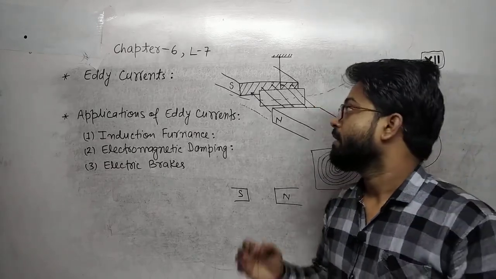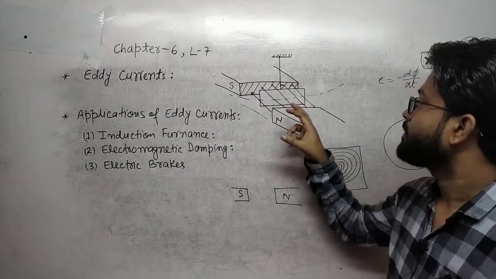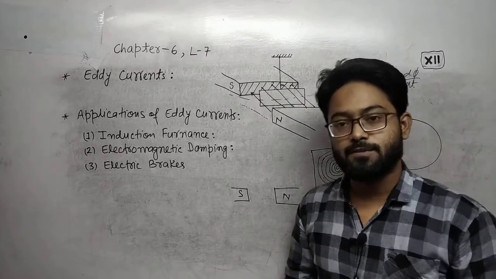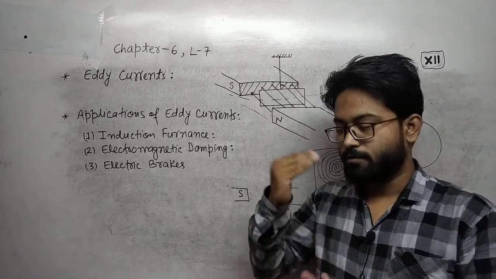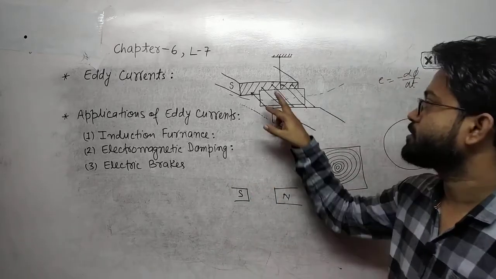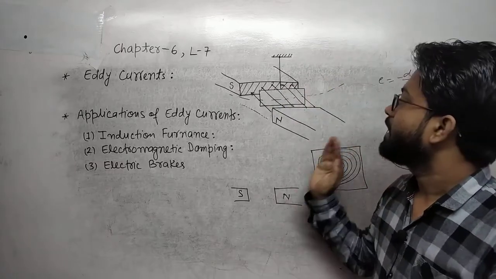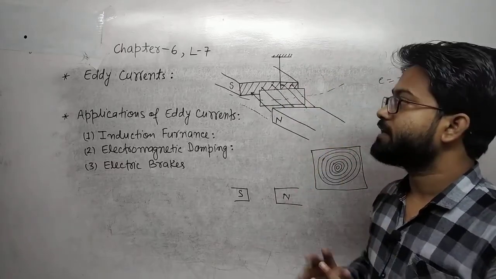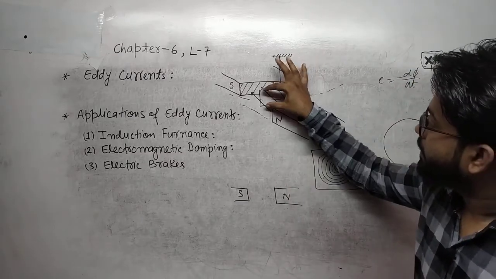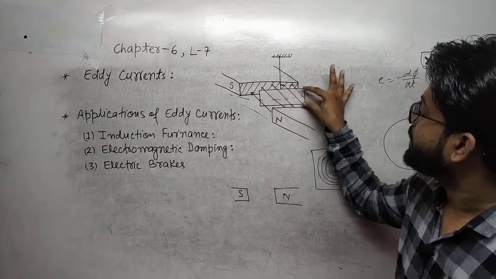According to Lenz's law, it opposes the cause of its motion, because it is going in this direction, the magnetic field is decreasing and induced current is developed. So according to Lenz's law, the motion will decrease.